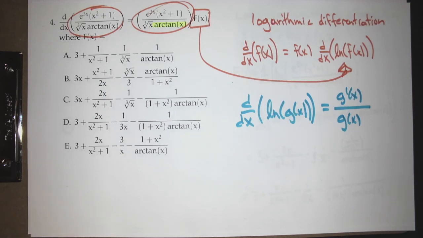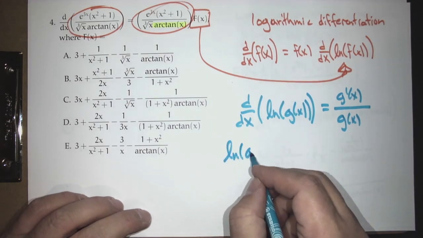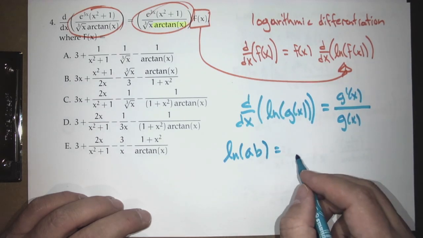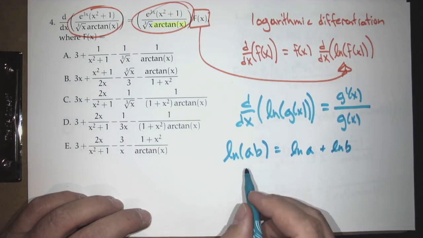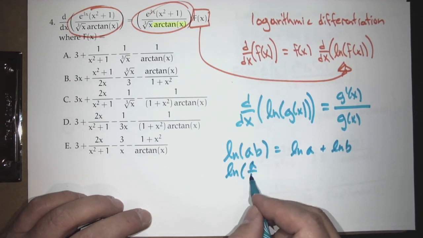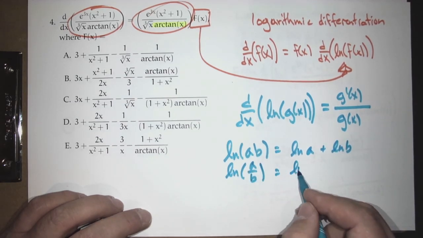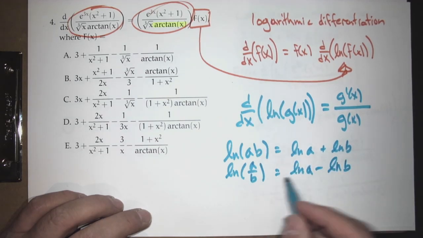However, before you do that, you say, no, log, I've heard some pretty cool things about log. What are some cool things? Log of a times b. Log a plus log b. So multiplication, you can separate. What about log of a divided by b? Log a minus log b. So division, you can separate.